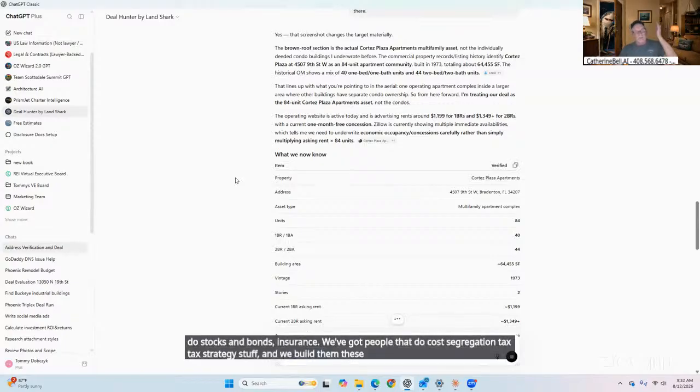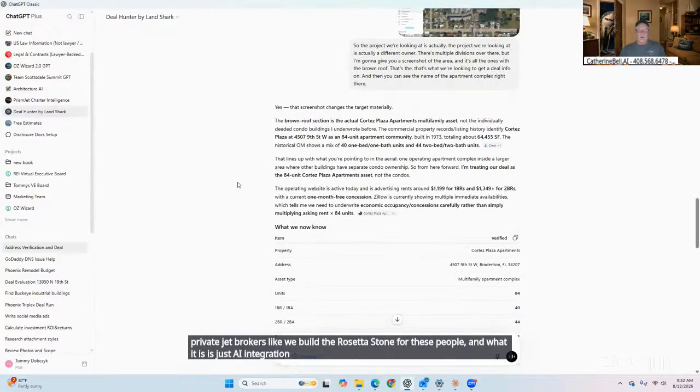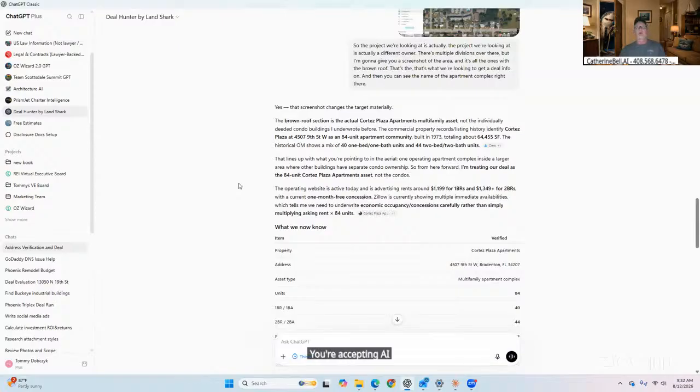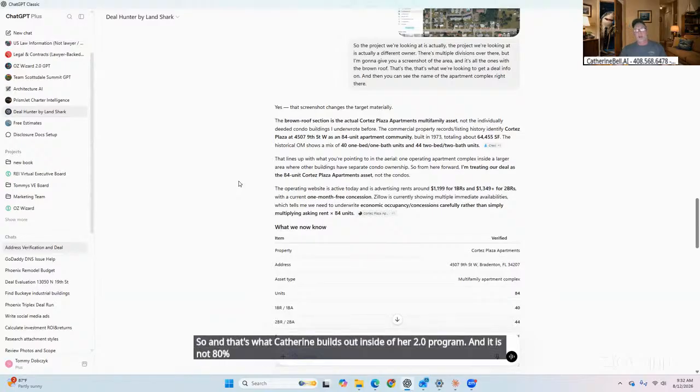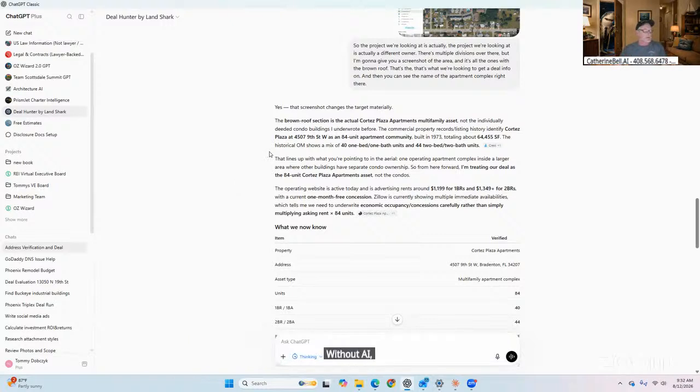I got lawyers, I got private jet brokers. We build the Rosetta Stone for these people, and what it is is just AI integration. You're accepting AI as your new friend, literally. That's what Catherine builds out inside of her 2.0 program. And it has given me back 80% of my time. I run 14 companies. Without AI, it'd be next to impossible to do it.